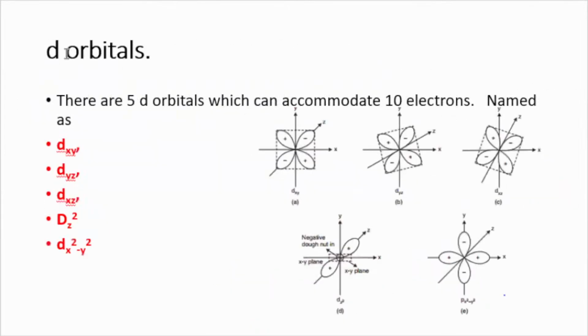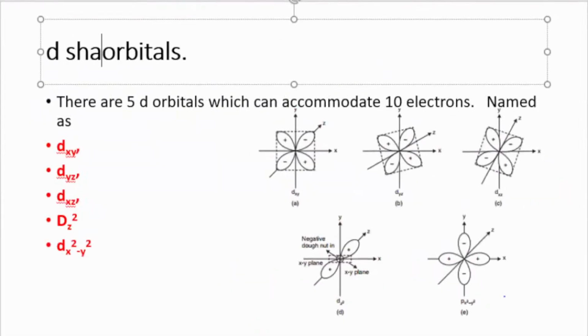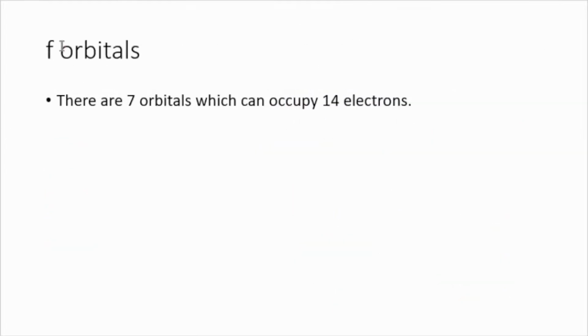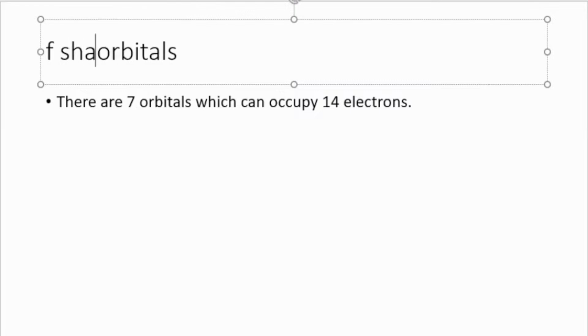Then for D shape of orbitals, five orbitals. F shape of orbitals, 7 orbitals.